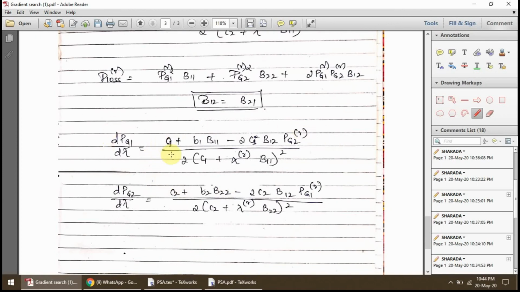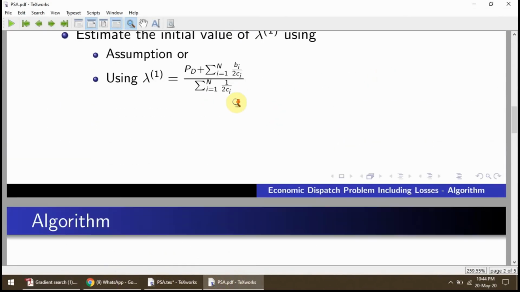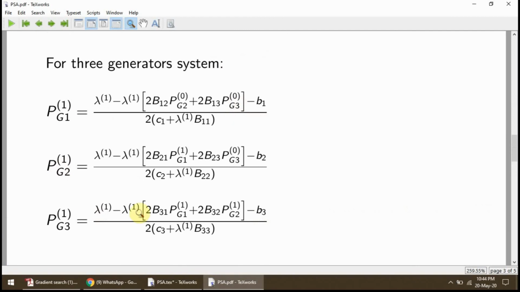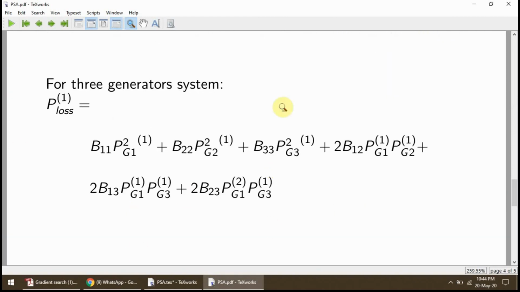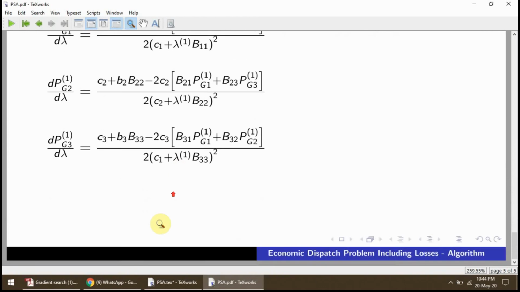This is C1. So using this expression, we will calculate dPgi by d lambda. So these are the equations you use for 2 generator system, and these are the expressions you use for 3 generator system. So these can be used to solve the problem.